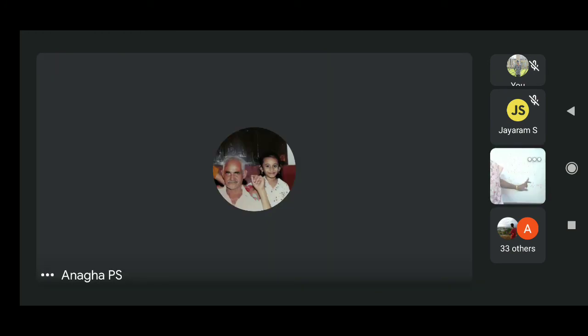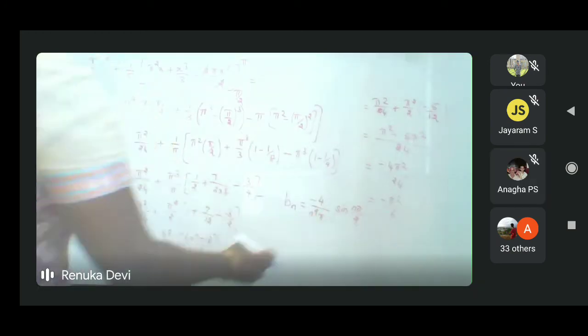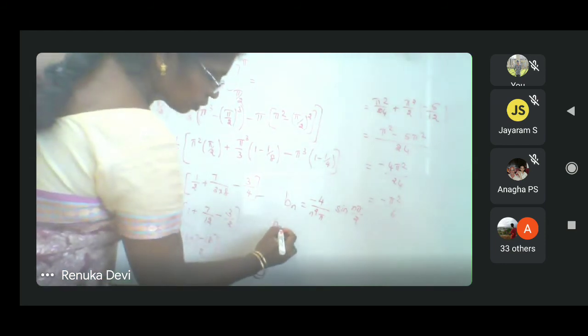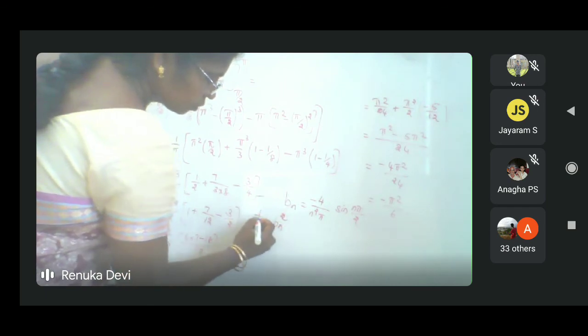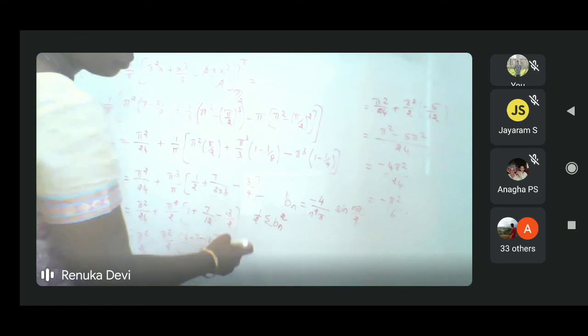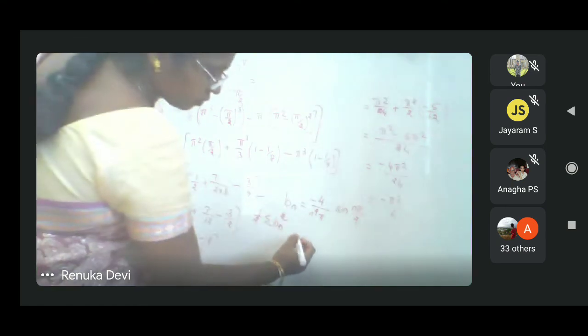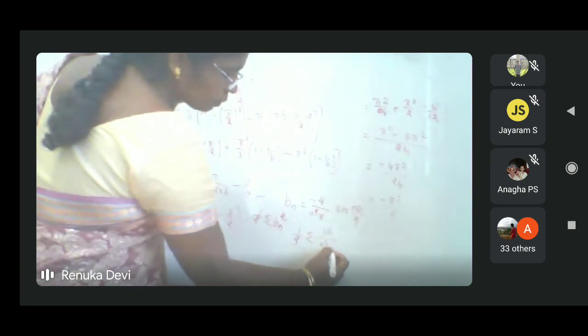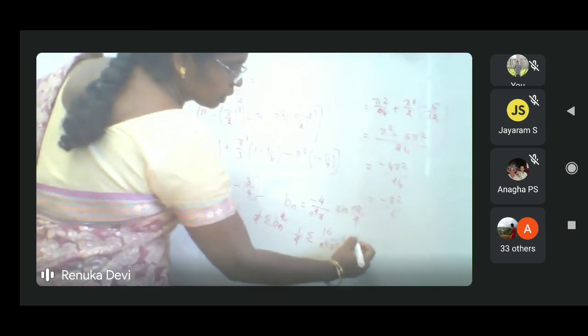Yes, ma'am. But here in the summation we have to take the square value. So what is Bn squared by 2? Bn squared 1 by 2 sigma. This is the property. Therefore, if we take the square, 1 by 2 into sigma 16 by n power 4 pi square sine squared n pi by 2.